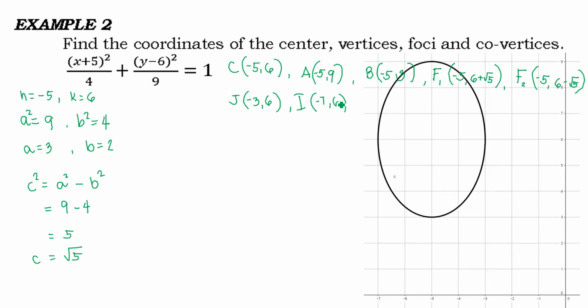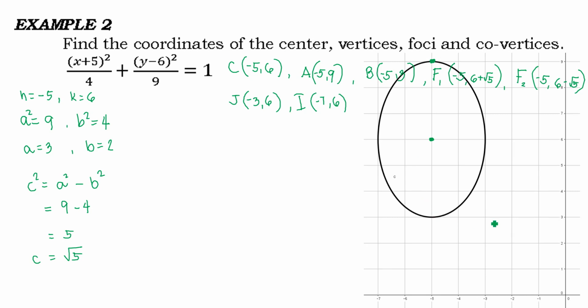So here, the center is at negative 5, 6. Ito yung center. So tama tayo kanina. Our major axis would be this one. Okay, kasi patayo. Then, it has a vertex of negative 5, 9. So nandito, tama siya. And then, our second vertex would be negative 5, 3.